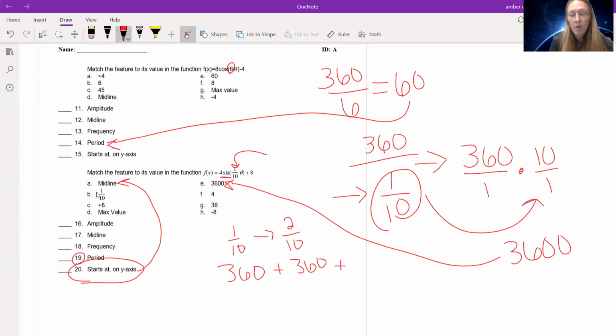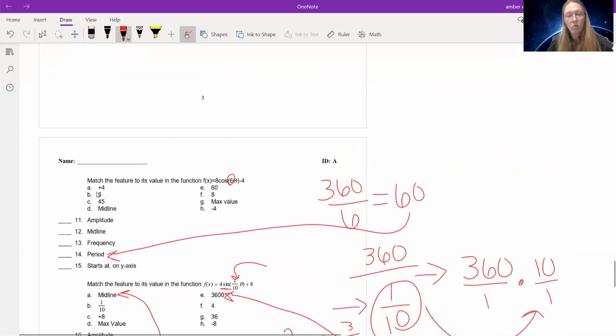We need another 360 degrees to now get to almost 3/10 of a turn. So we're going to keep doing that until we get all the way to 10/10 of a turn. That's 10 360s, which gets us to that. Okay? So hopefully we're doing okay there.